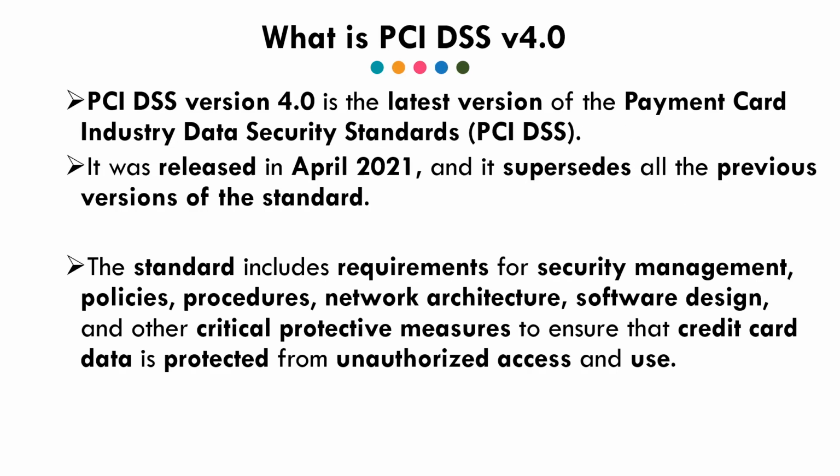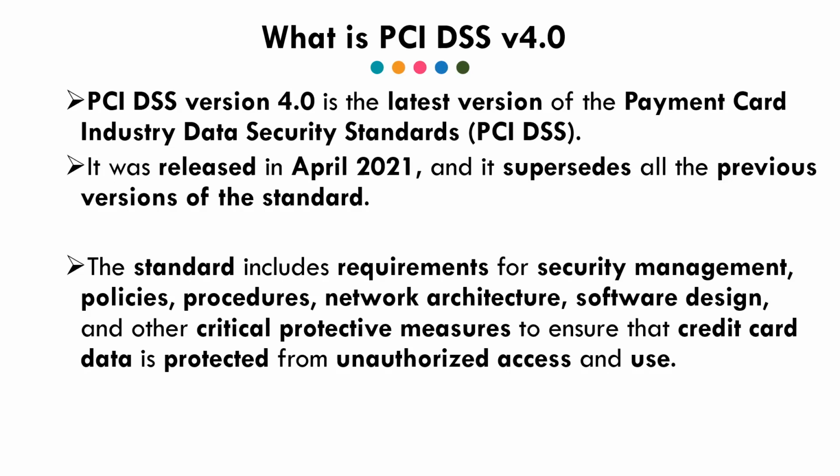So version 4 is the latest version of PCI DSS. We've looked at previous versions. Version 4 is the new kid on the block, and version 4 supersedes all other versions, right? But as of now, version 3.2.1 is still in existence. It's going to go side by side with version 4 up to March of next year, right?